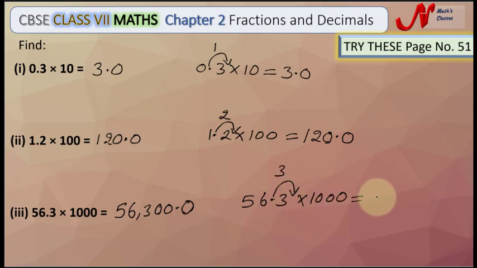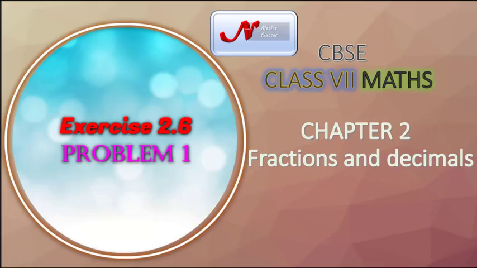Here we do not have sufficient digits, so we add two more zeros to the result, so we can write it as 56,300.